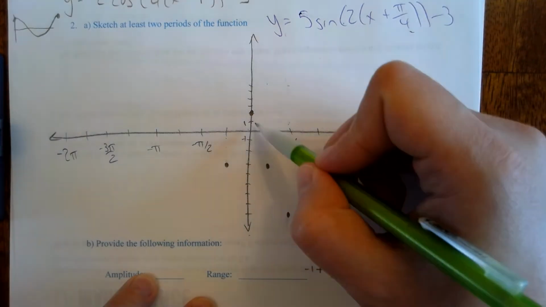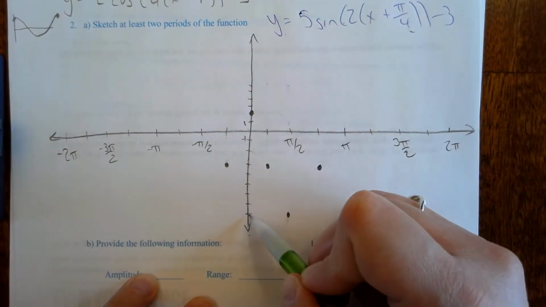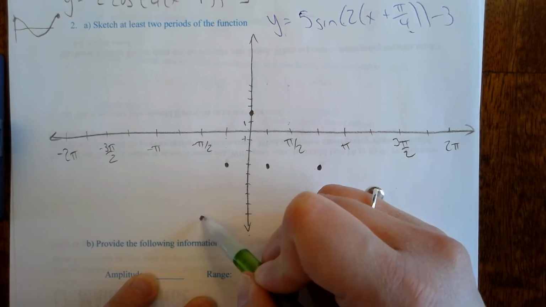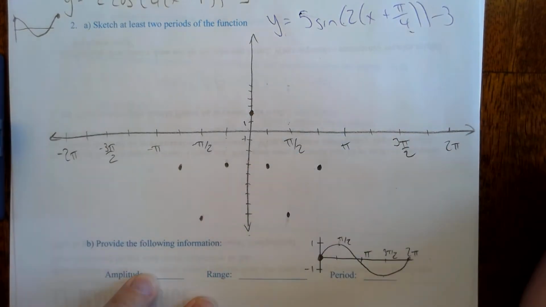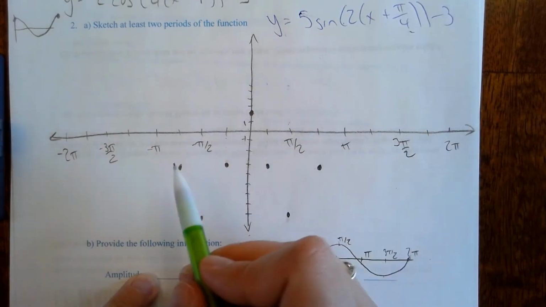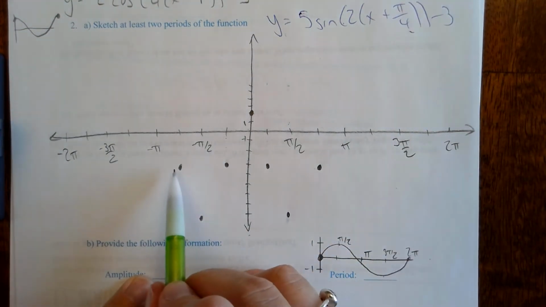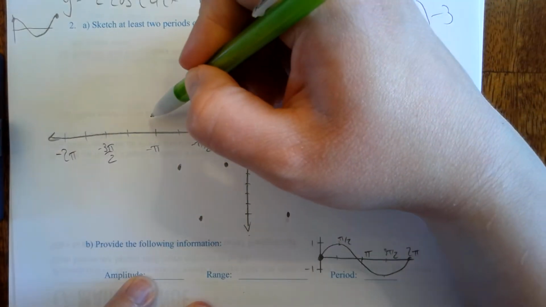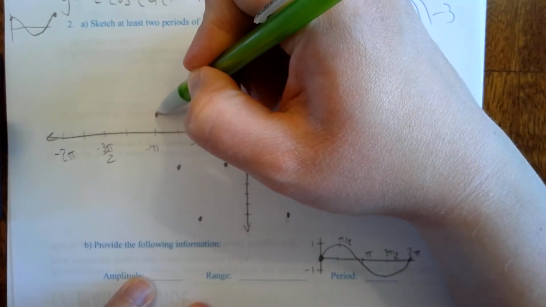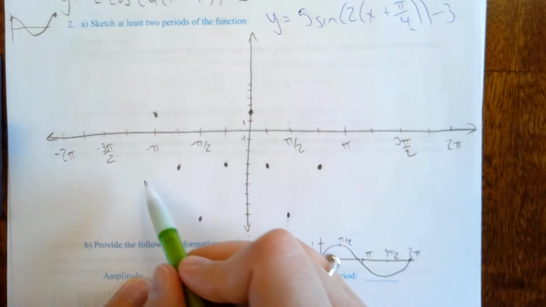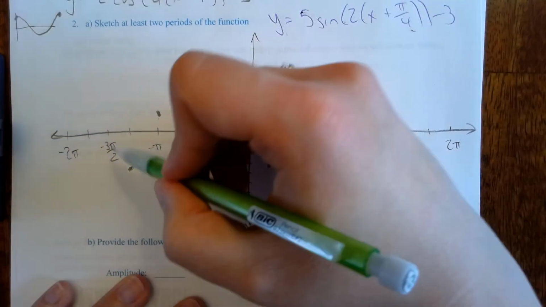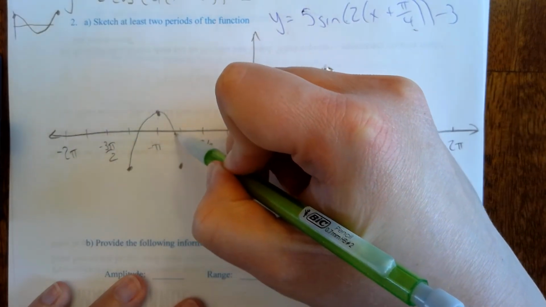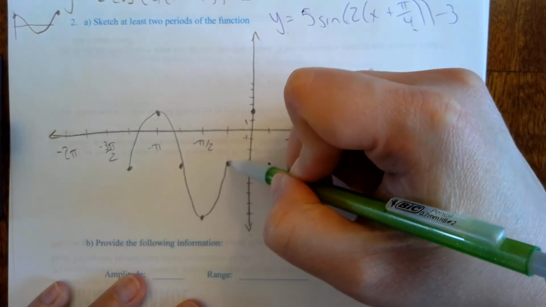So to continue the pattern, I'd be going down at -pi by 2, back up to the midline at -3 pi by 4 rather, then back up to the maximum at -pi, and down to the midpoint again. Connect my dots as curvy as I can make them.